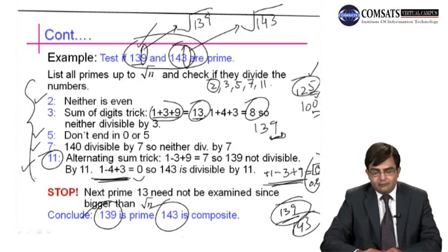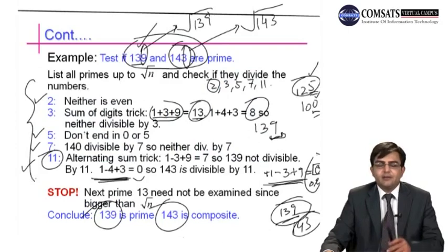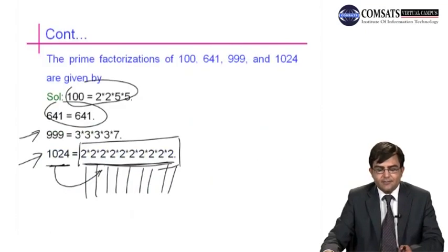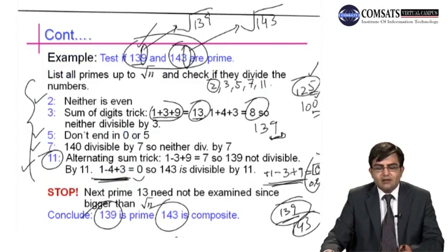So the number 143 is a composite number. This is how we can check, by using this result and the fundamental theorem of arithmetic, whether a given number is prime or not.